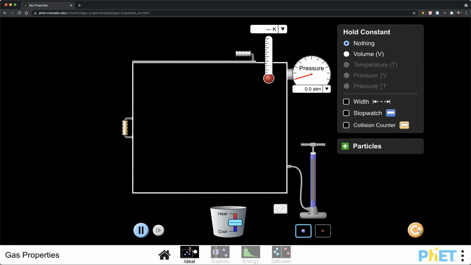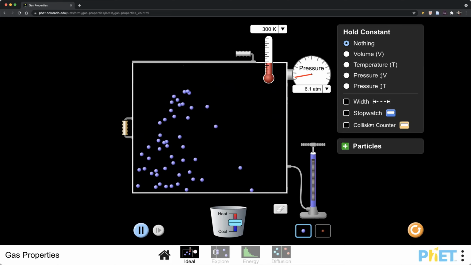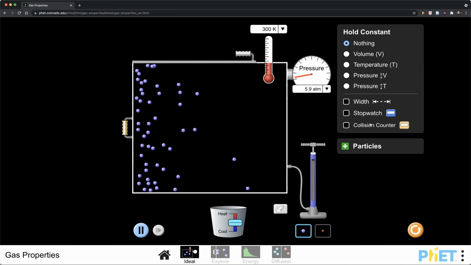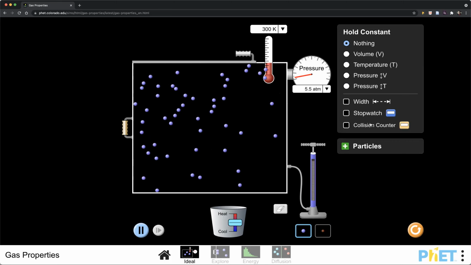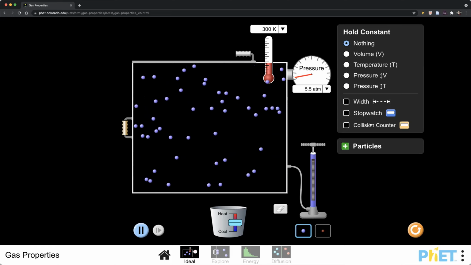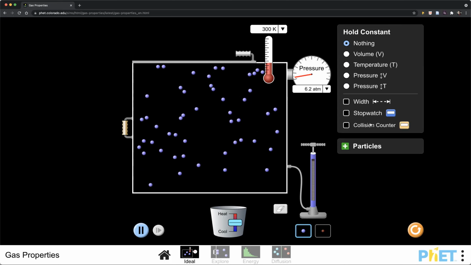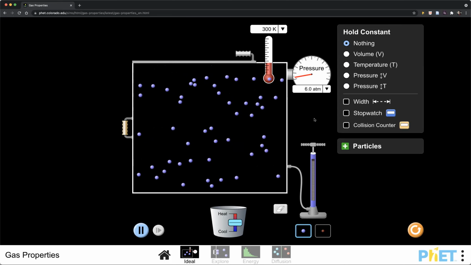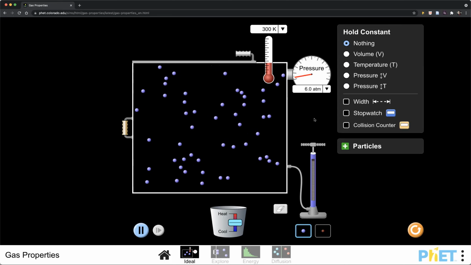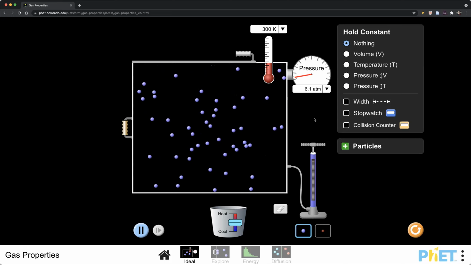Now, let me reset one more time. And let me get the purple up to speed. Takes a little bit. Okay. And we're currently at a pressure around 6.0-ish.